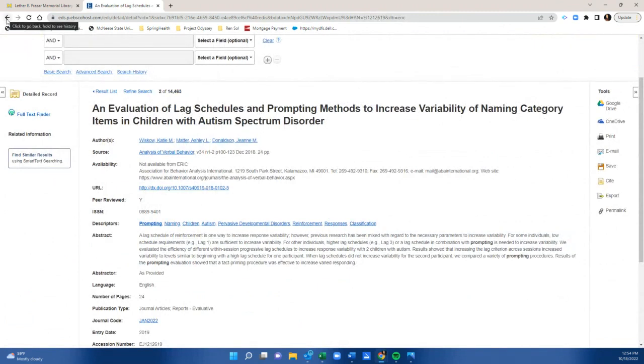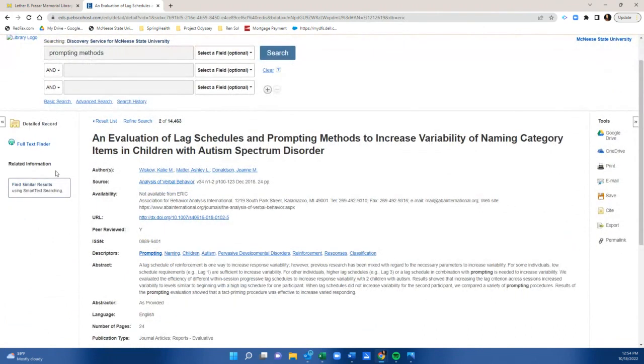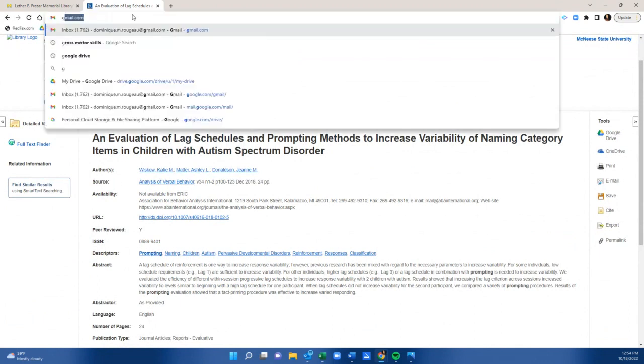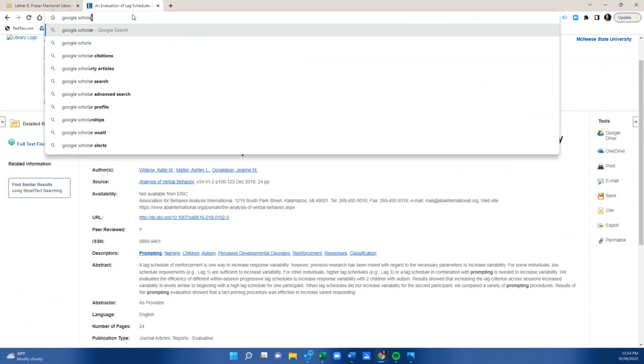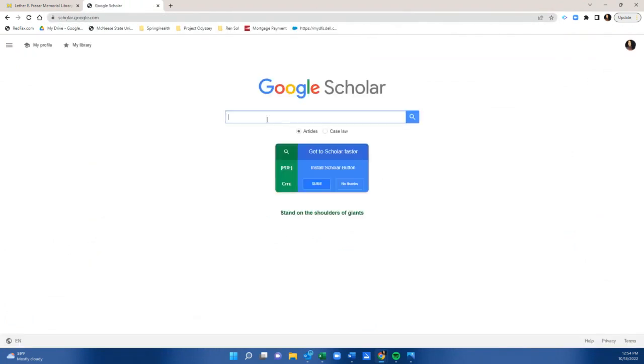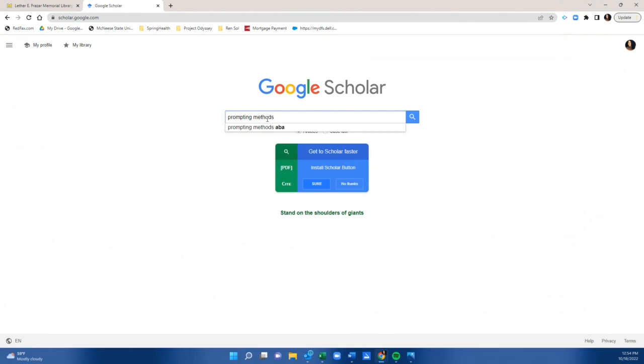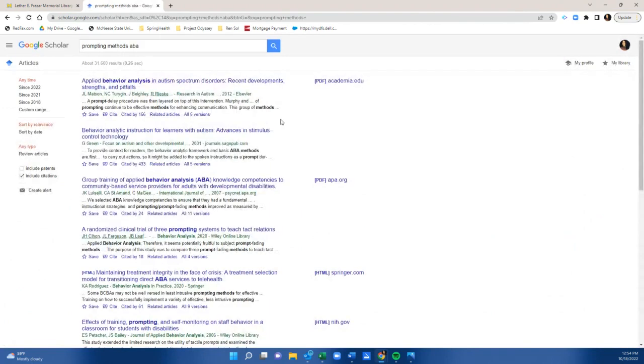Some of the options will have ILL or something like that, but that is what that service is. So you can do that, or you could also go to good old Google Scholar, and let's just say it's ABA.